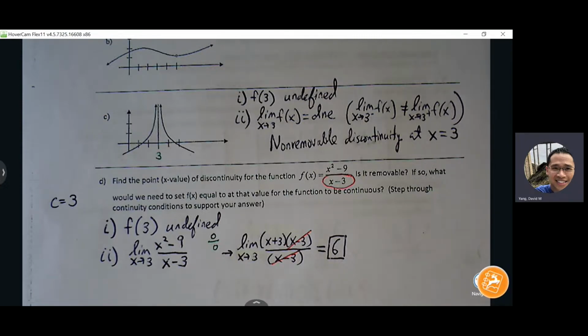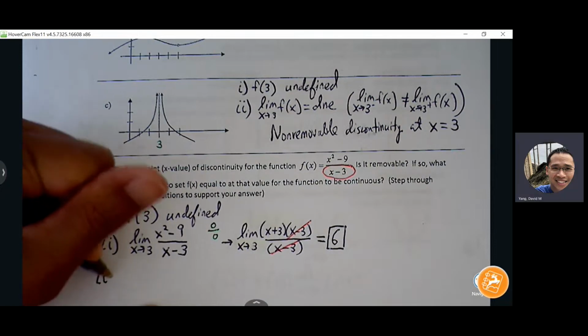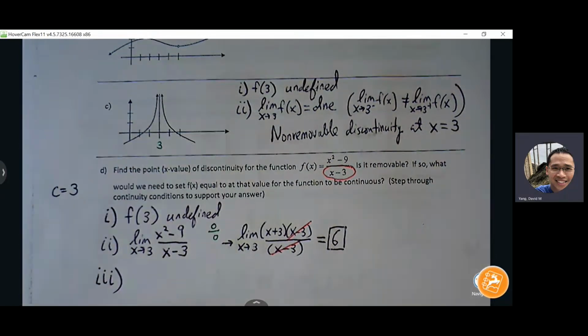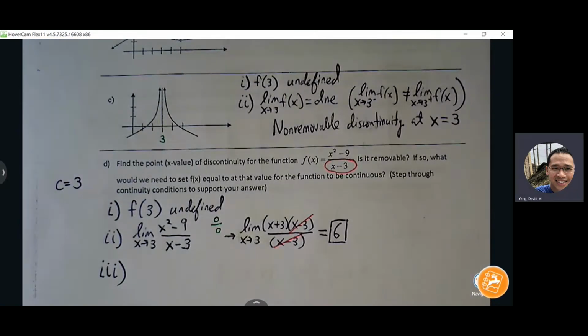So do we look at a third condition? Yes, because the second condition passes. We only stop with the second one if it fails, but we keep going because we haven't figured out exactly which category we're dealing with yet. So third condition, what do we do?